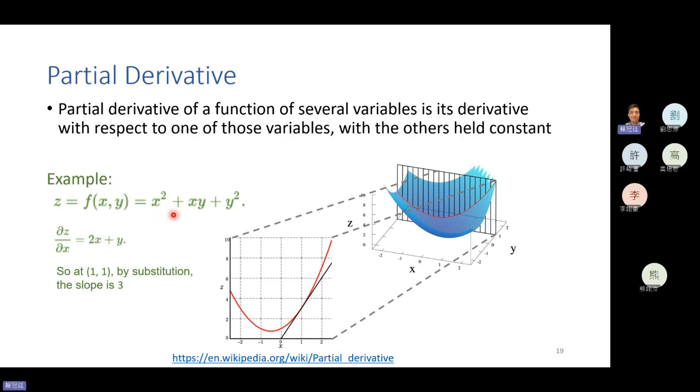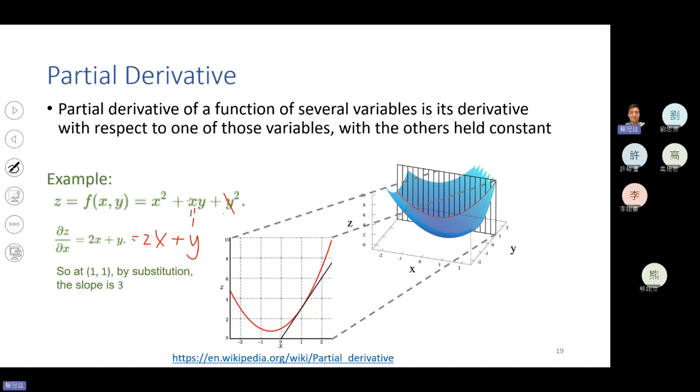Here's an example from Wikipedia. Suppose we have two variables, x squared plus x times y plus y squared. Then we do partial derivative with respect to x. Then we can see y is constant, so we can remove the constant. And for xy, x becomes 1. So it will be y plus the derivative of x squared, which is 2 times x.